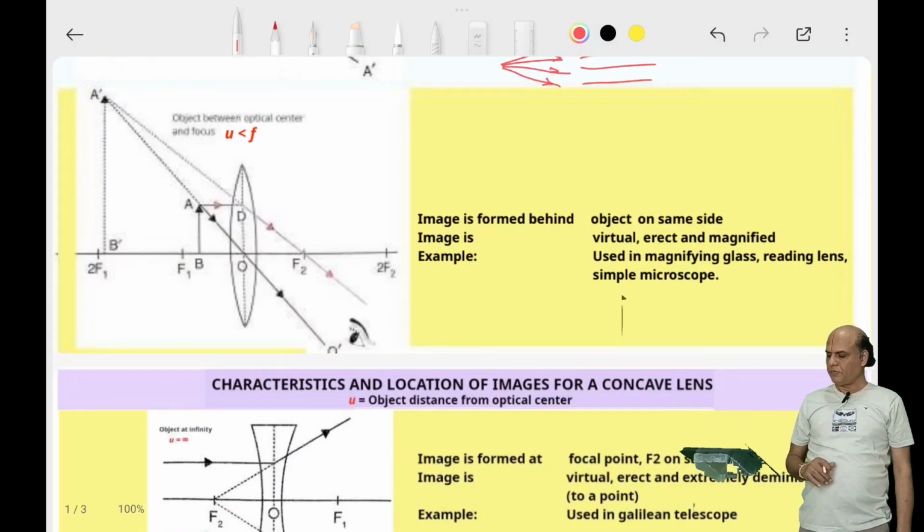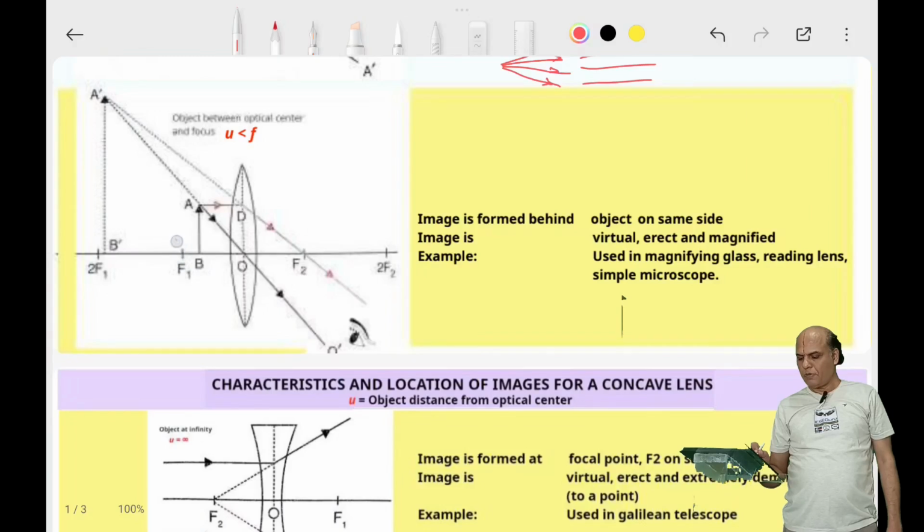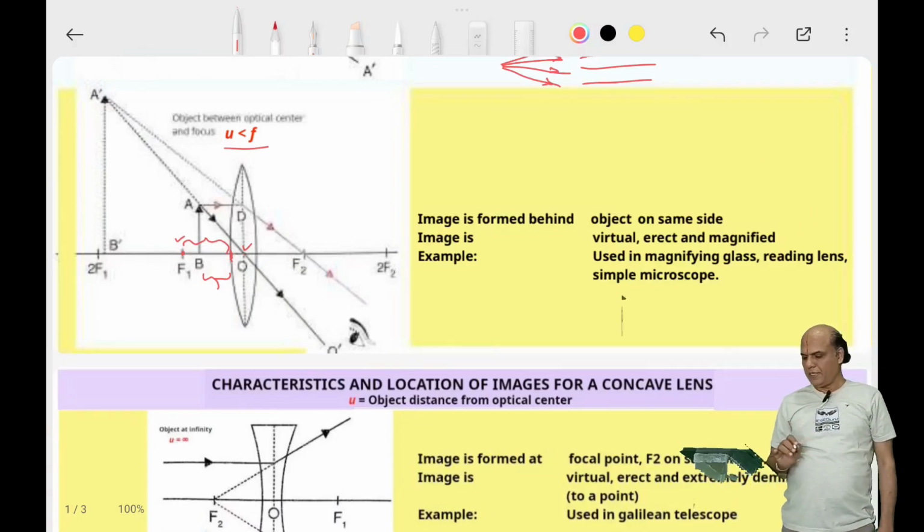Let's move further. Now, if the object is placed between the focal point and the lens, see, the lens surface is here, this is the optical center, and this is the focal point. When the object distance u is less than the focal distance, the refracted rays are divergent, so they will never meet.